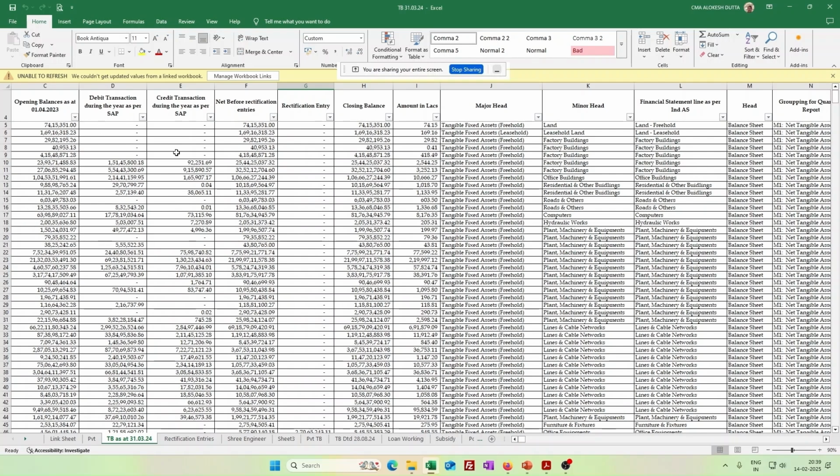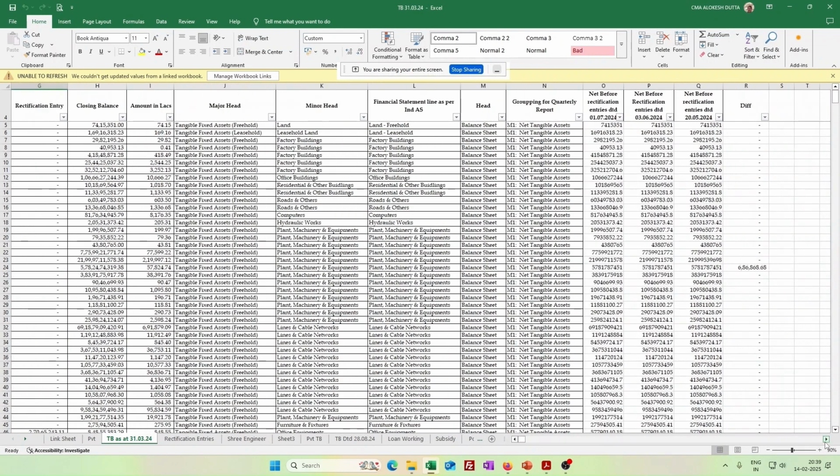Opening balance, debit, credit, net realization, closing balance. Can you see the sheet? Yes, sir. This is the trial balance, and the profit and loss account and balance sheet are prepared taking the closing balance, net balance before rectification entry.